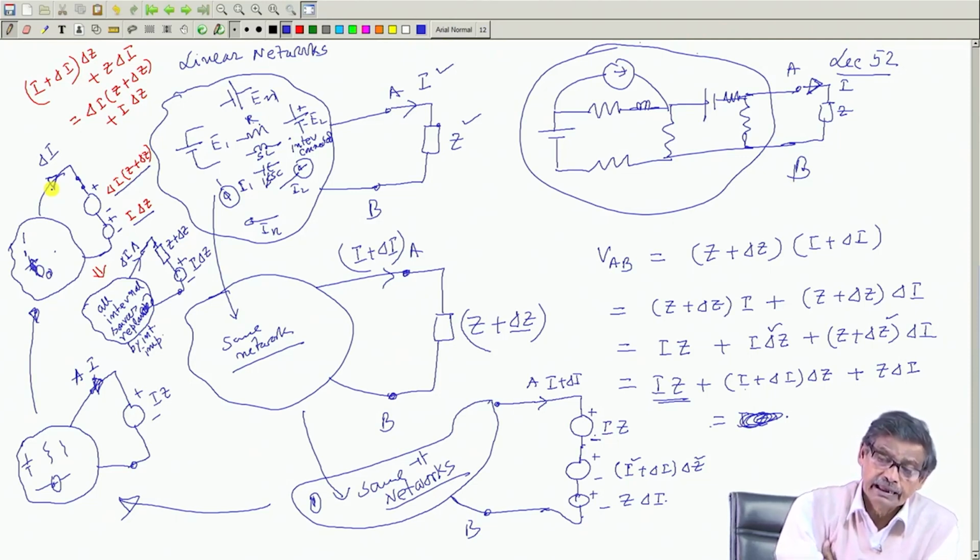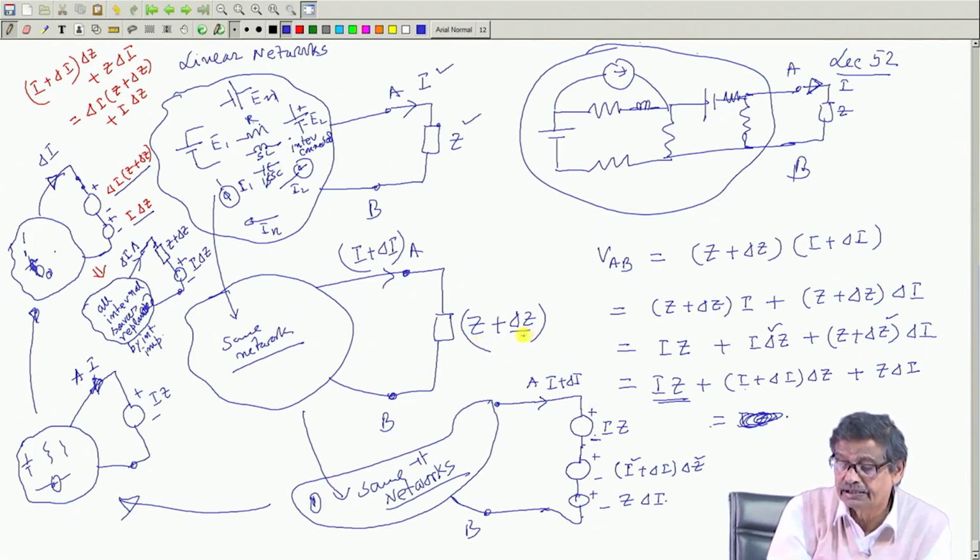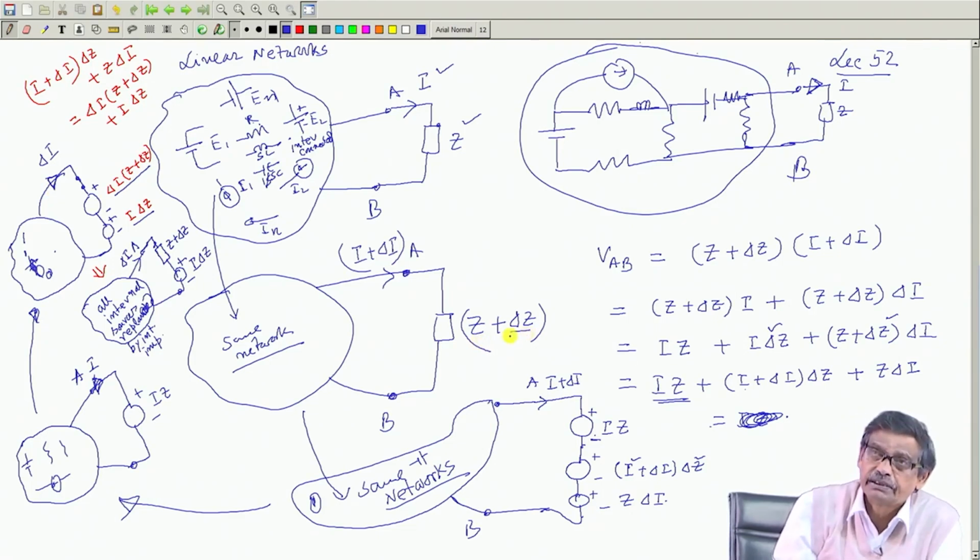And then this delta I I will calculate, and I will add to this original current, and then say that when Z plus delta Z you have connected, the current is I plus delta I.